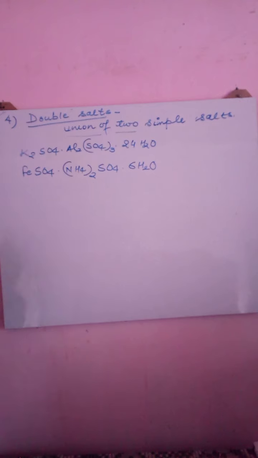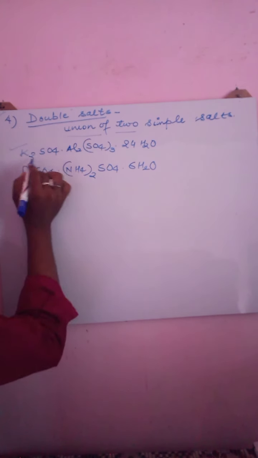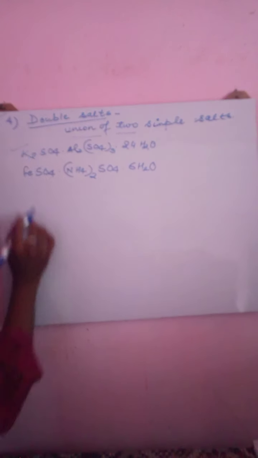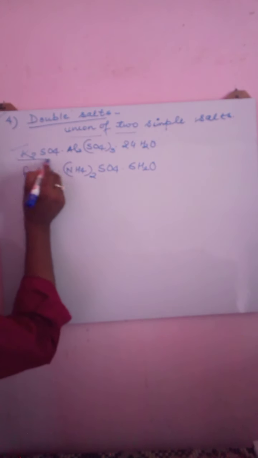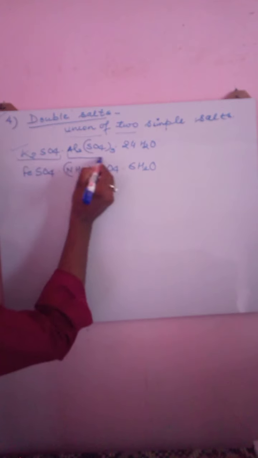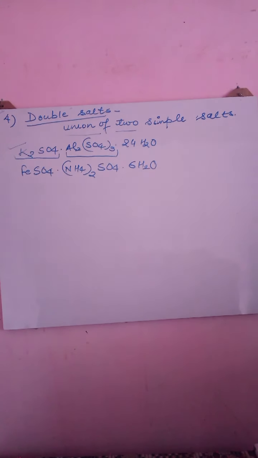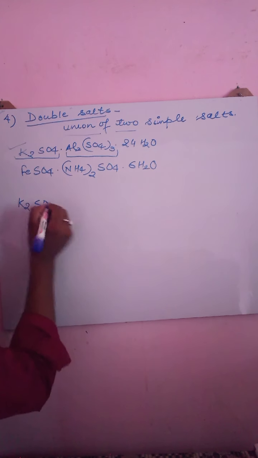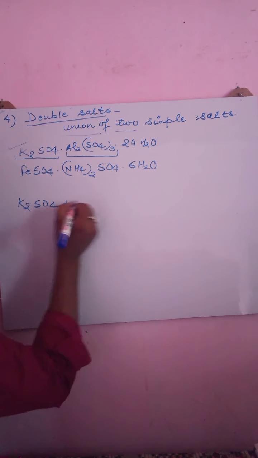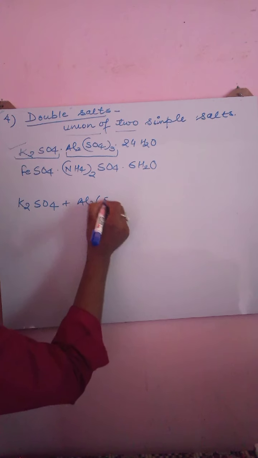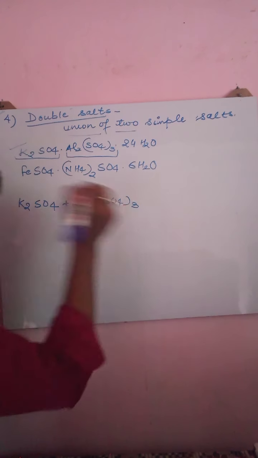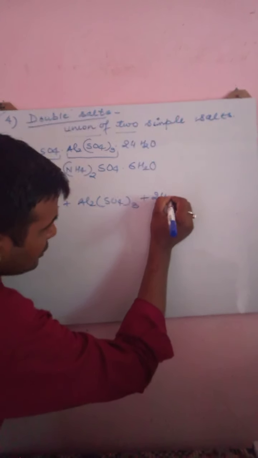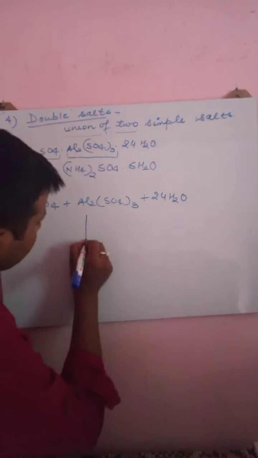Let's see how they are prepared. In the first example, K2SO4.Al2SO4 whole thrice.24H2O, two types of salts are present. Two simple salts, K2SO4 and Al2SO4 whole thrice. So first of all, these two simple salts are combined. Thereafter, they are dissolved into the water.